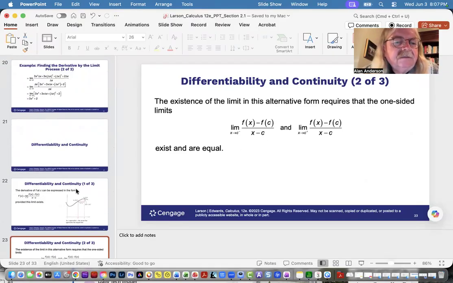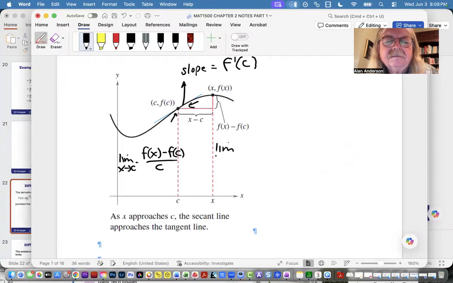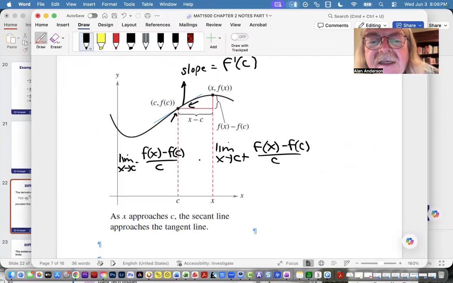So if you go back here, the limit as we approach C from the left of f of x minus f of c over x minus c on this side, and approaching from the right, they'd better equal each other.